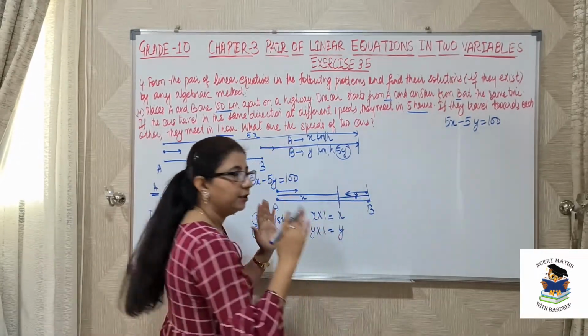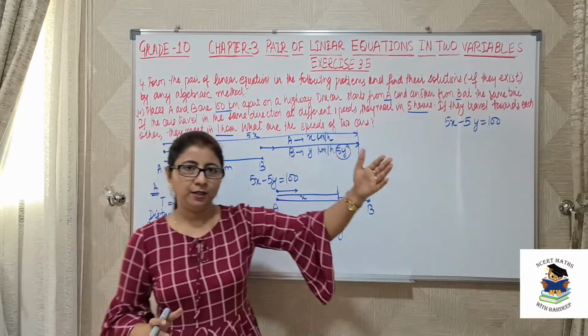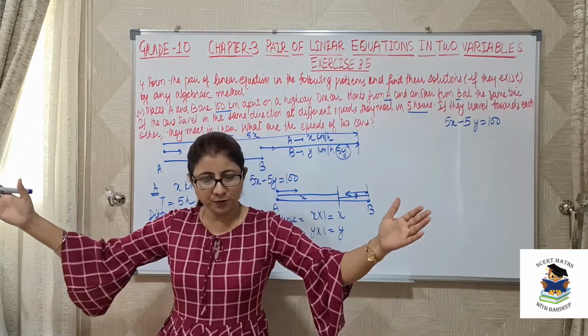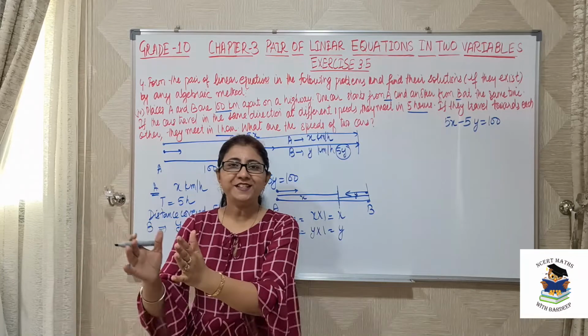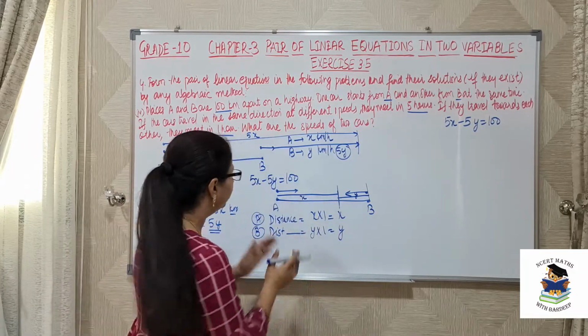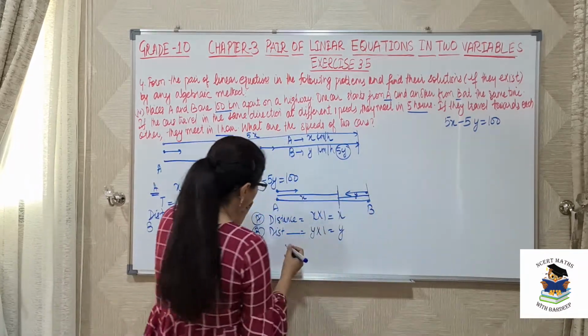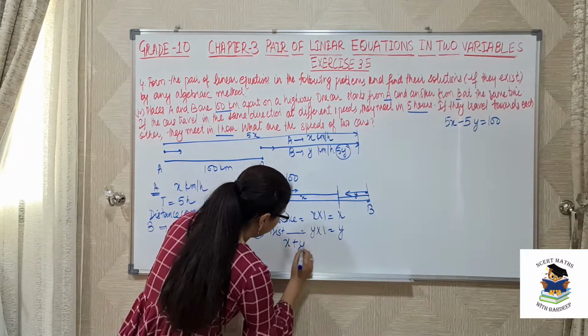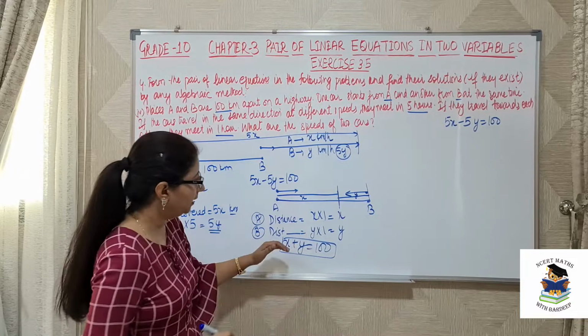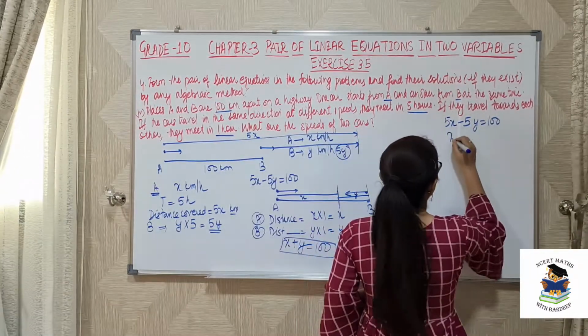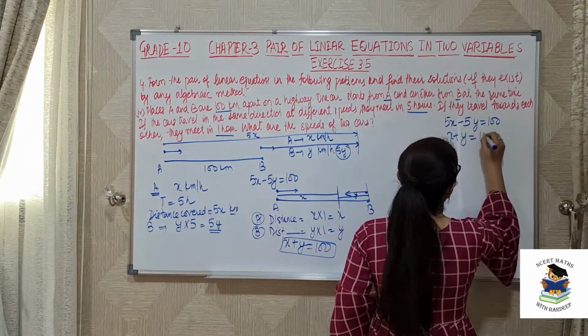Together they have covered 100, because one starts from this position, the second from this position, and they meet somewhere on the way. So x plus y should be equal to 100. I hope this is clear. So this will be my second equation.